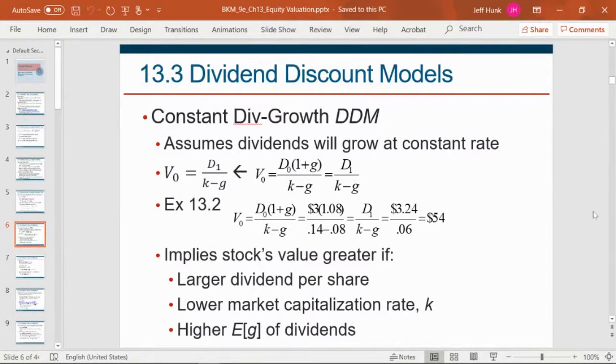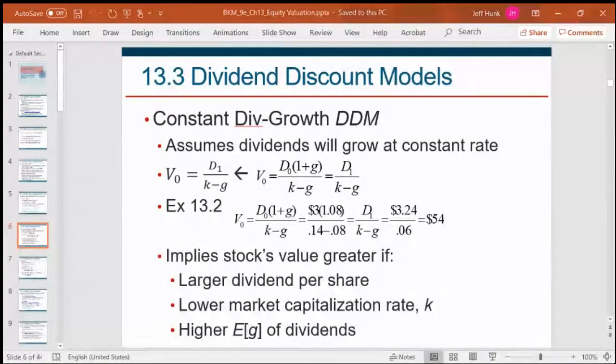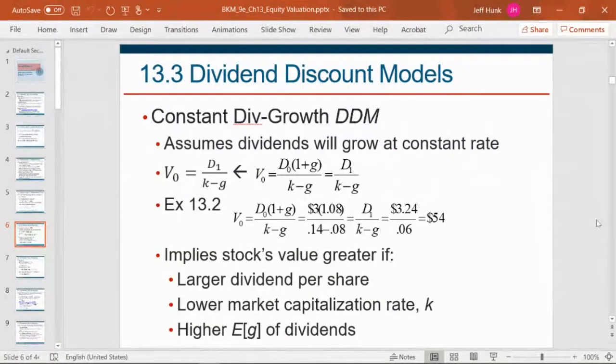So we discussed how the constant dividend model or zero growth model is derived in our last video using a technique called the infinite geometric series. And we all know now what the constant dividend growth model is about.